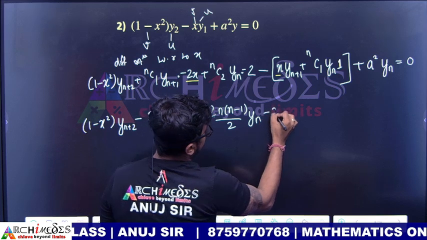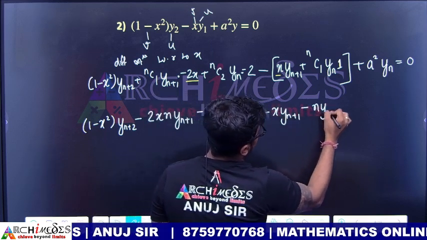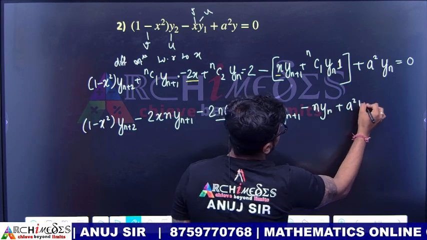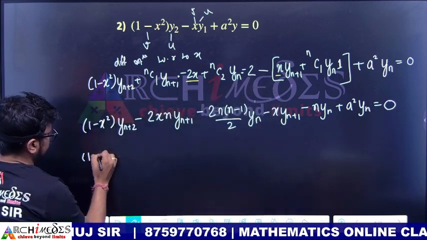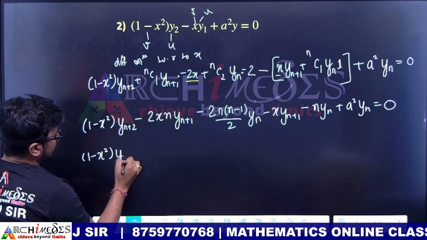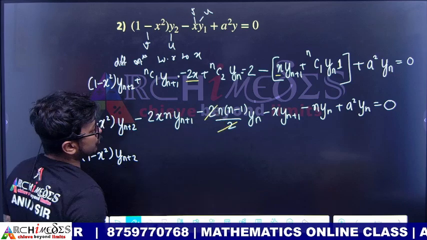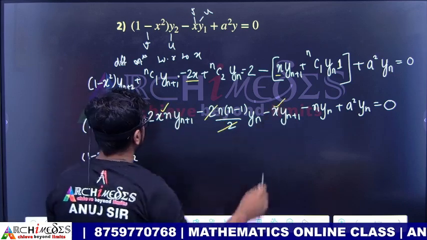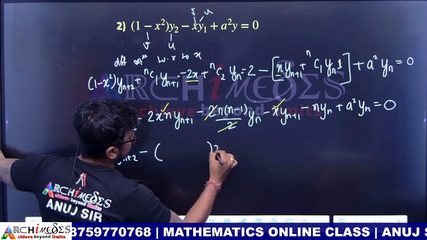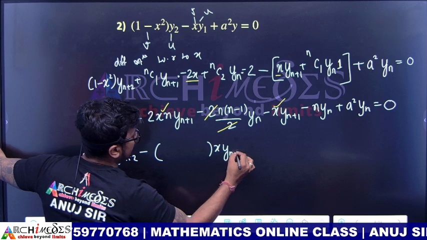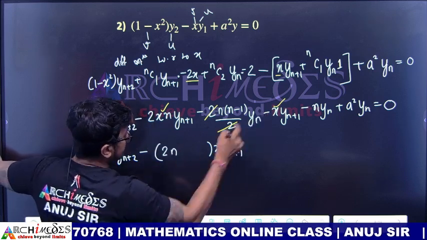So when I open this bracket, y n plus 1, and here minus n y n, using properties of the combination. So if you see, this is y n plus 1, y n plus 2 is 1 only. But if you see n plus 1, it is here also, it is here also. That means, can we say, if we take minus x y n plus 1 common, you find 2n over here, 2n. Here you have minus, common plus 1.